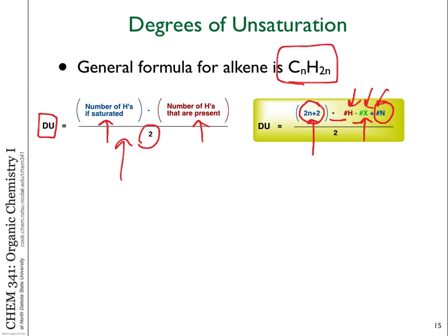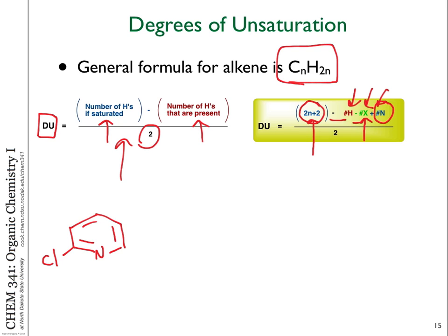Let's say you have an unknown molecule, but you know the molecular formula. This is a good clue as to whether there are double bonds or not in your molecule. So let's just take an example. Let's take a molecule something like this.